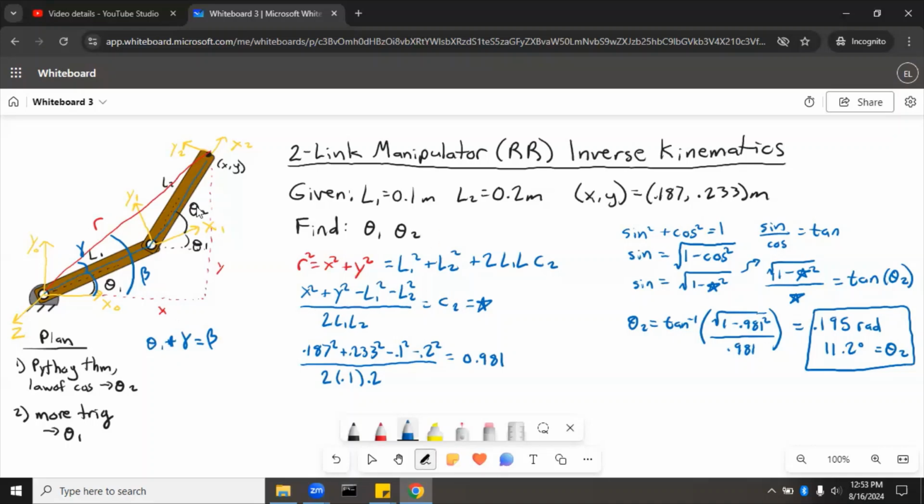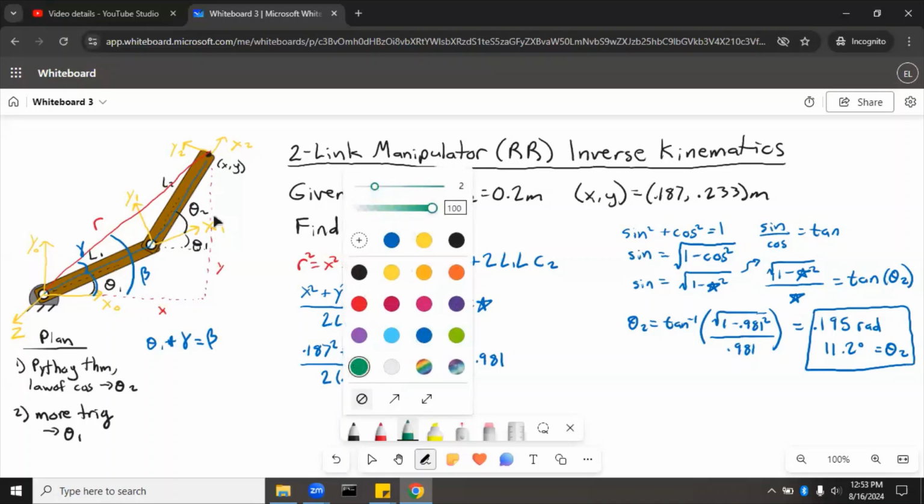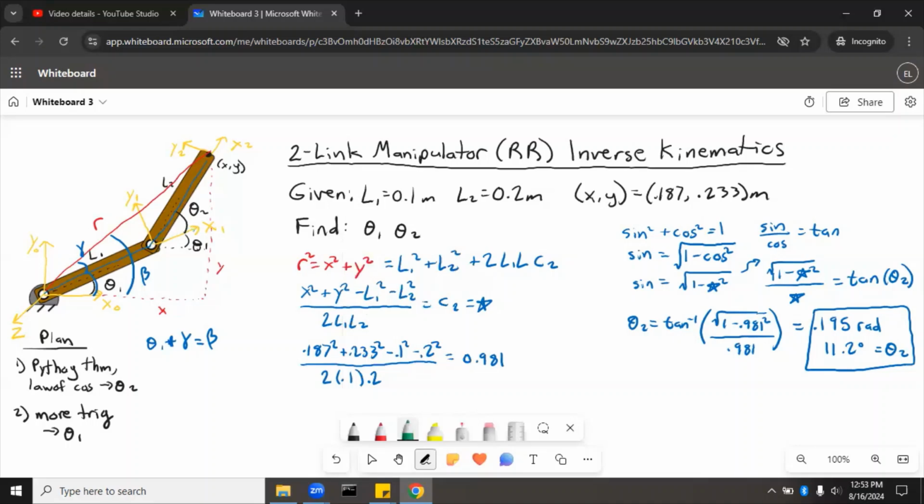I'll get a different color for this. We have R here, and if we extend L1 in that direction so that we get a right angle here, then we have another triangle. I'll draw this again down here.